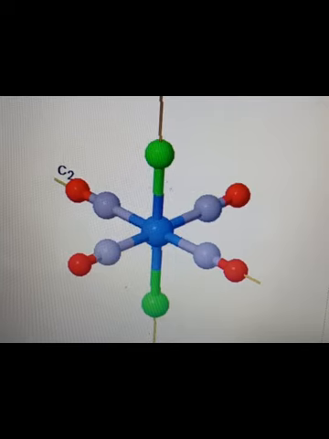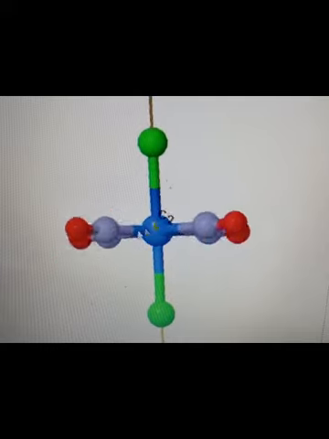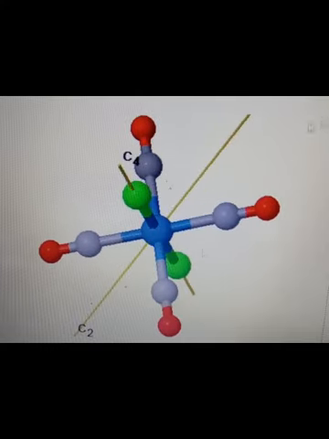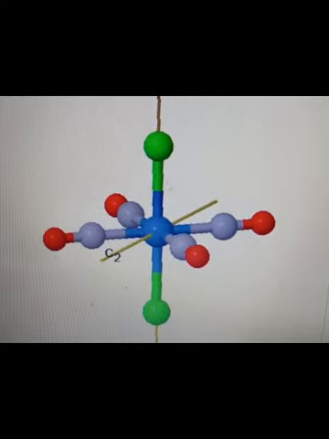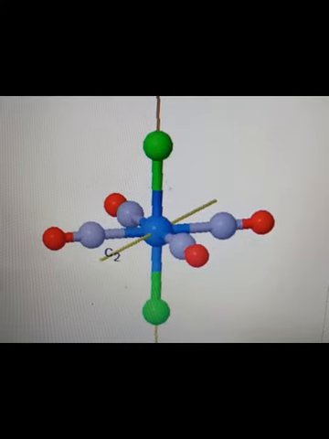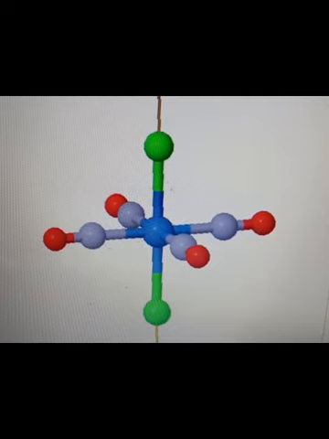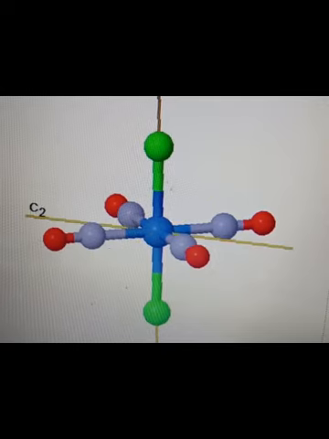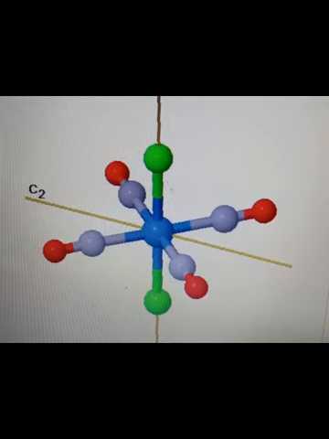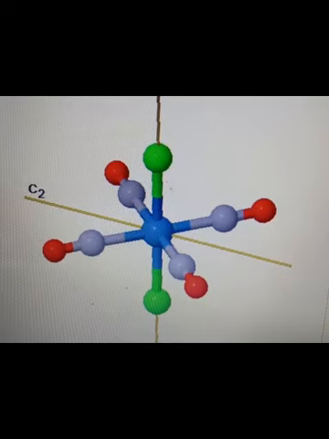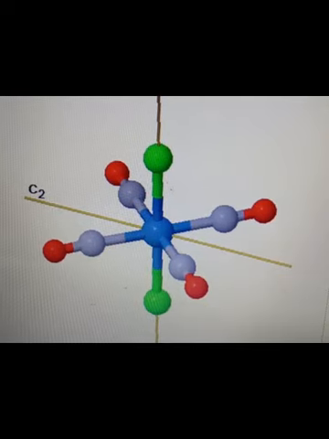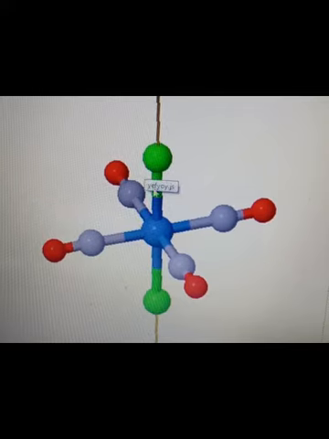Now the other C2, which is passing through the opposite edges, like this. You can see from this edge and the center of the opposite edge, along these rotation takes place. This is how the rotation is taking place. Coming to the other C2, the other edge. So this is how the rotation is possible in the case of this molecule.